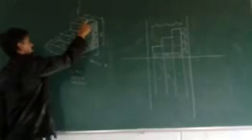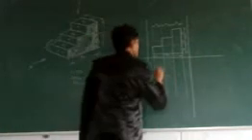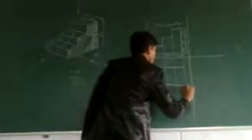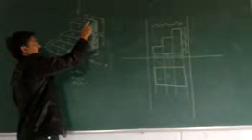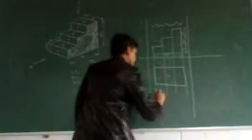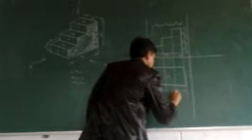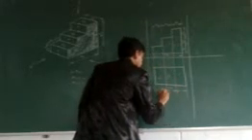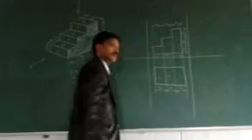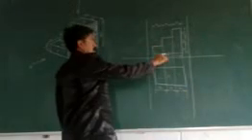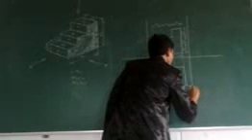What about the width here? This is 50 here. This is the top view: rectangle 1, rectangle 2, and rectangle 3. This is 30, and this one is 30. Total is 90.